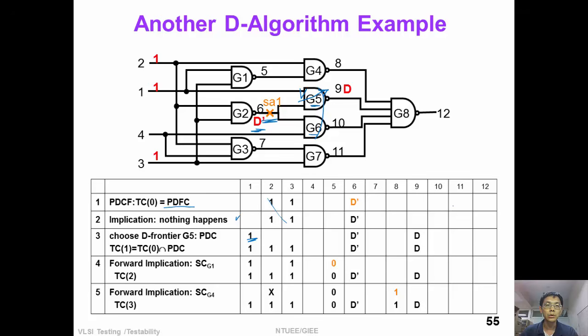After that, we can perform forward implication, since line 1 is already 1 and the line 3 is 1. So now we know signal 5 is now 0. Furthermore, we can also perform implication through G4. So the line 8 is now logic 1.